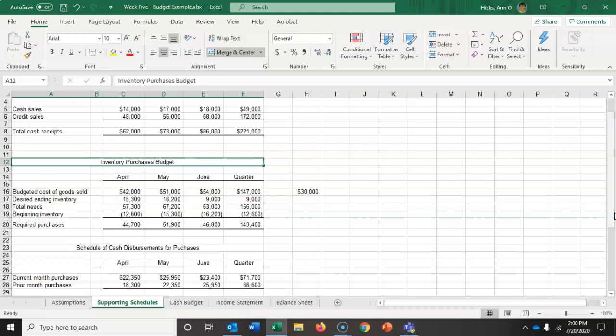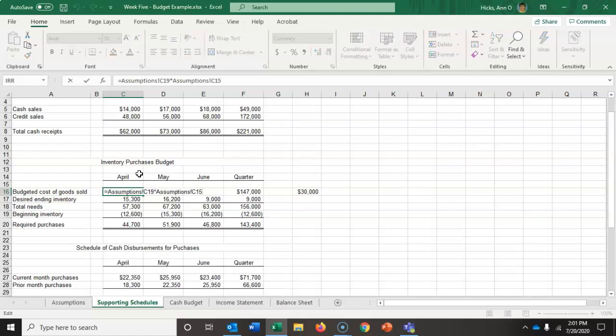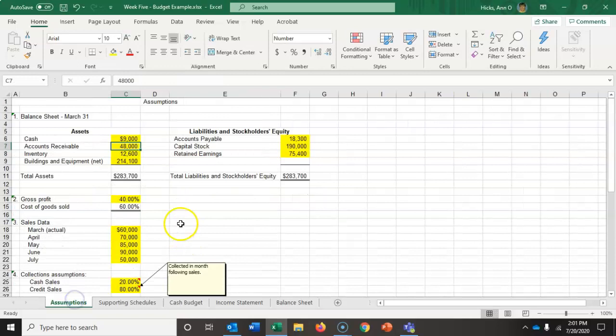Well, we're basically going to use that equation, but with some of the items moved around. So for April, we're going to come up with budgeted cost of goods sold, and we get that by taking our April sales times the 60% that we are anticipating the goods to cost. In essence, cost of goods sold.